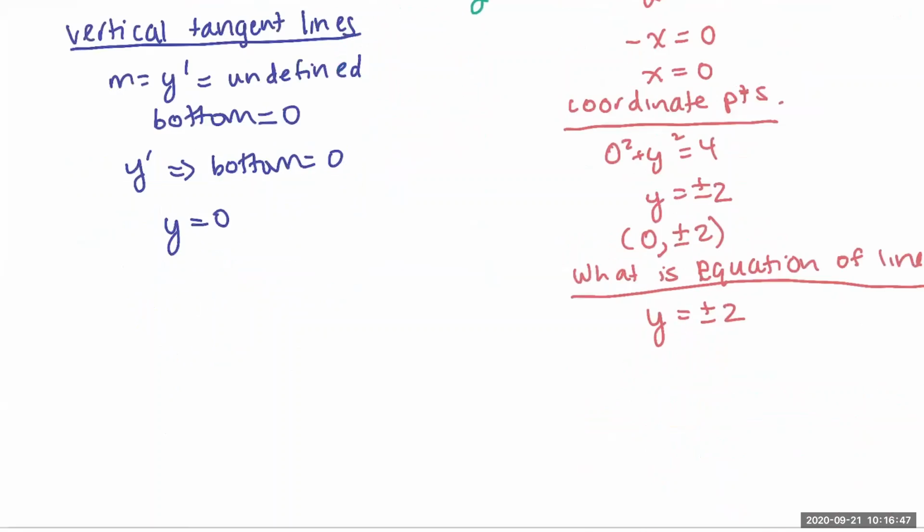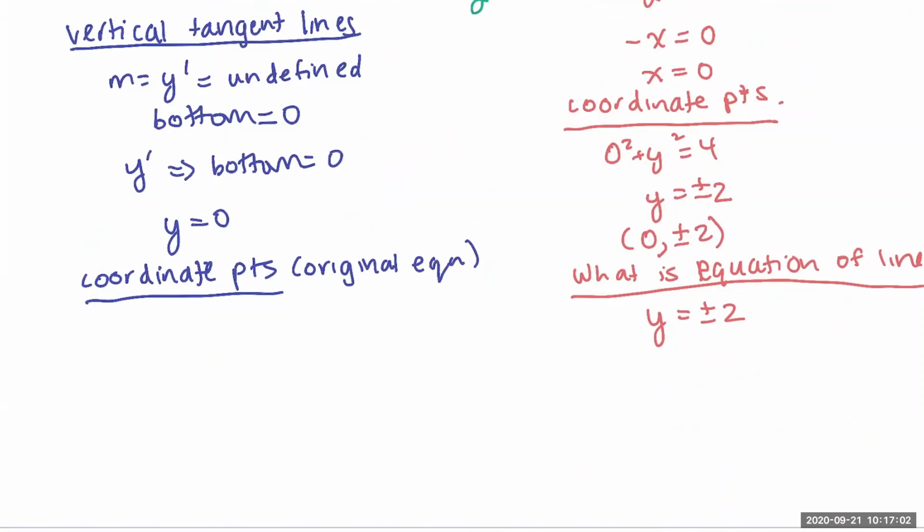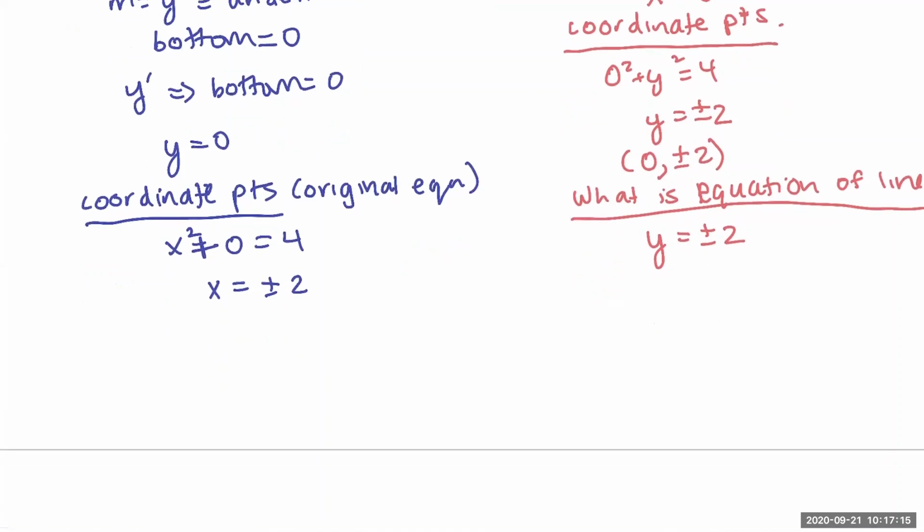So to find the coordinate points, I'm going to use the same strategy that I did for the previous problem: plug back into the original equation. If you plug back into the original equation, this time you have x squared plus 0 squared equals 4. So we know from the graph, it's going to occur at plus or minus 2 comma 0.